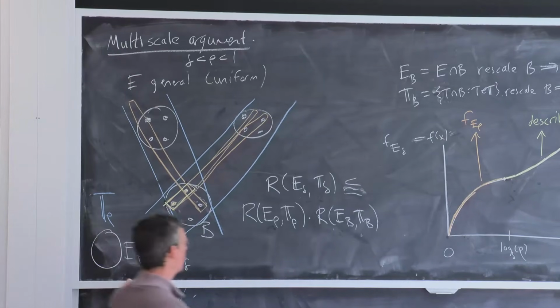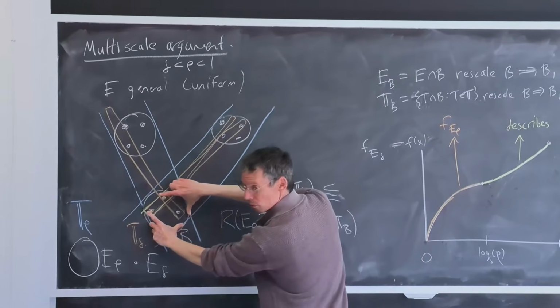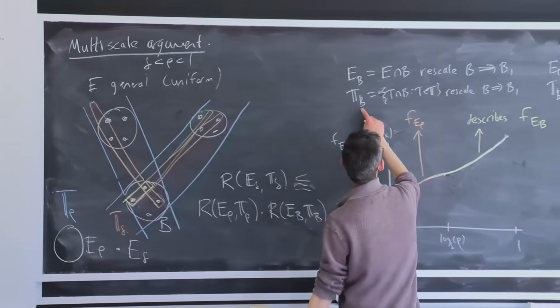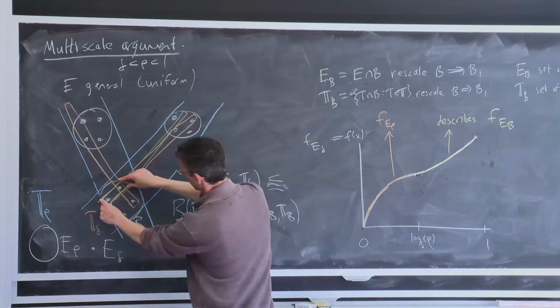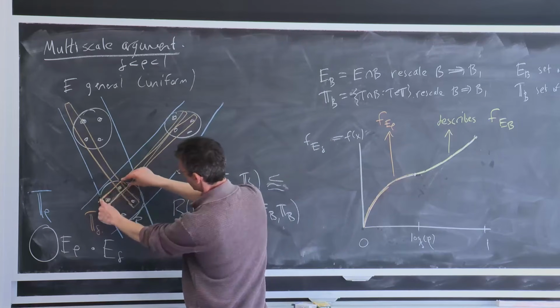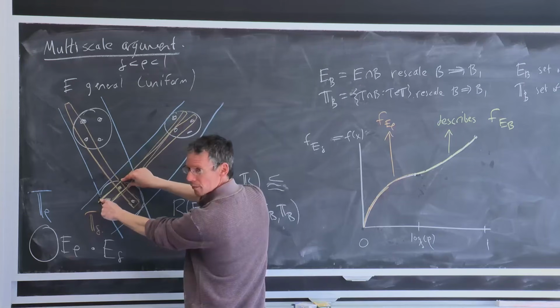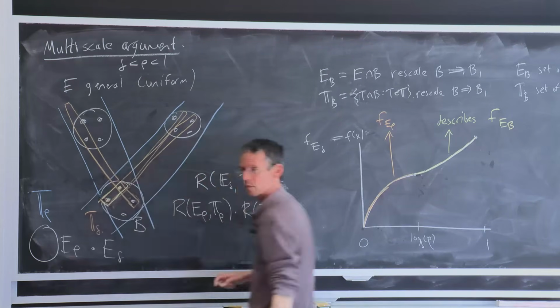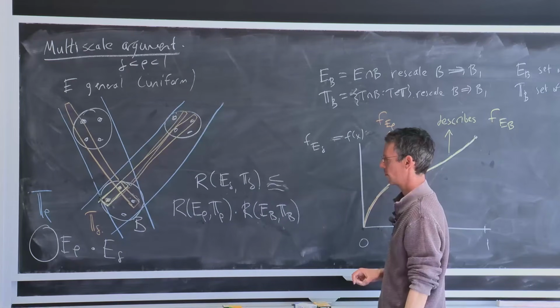Now, why is it counting that? Who is E B? E B are the delta balls in the rho ball, in B. And T B are, I take the tubes, and I just take the part of the tube that is in the ball B. Then R of E rho, T rho, that's the number of rho balls in the rho tube, right? So then the product is the number of delta balls in the delta tube? Right.